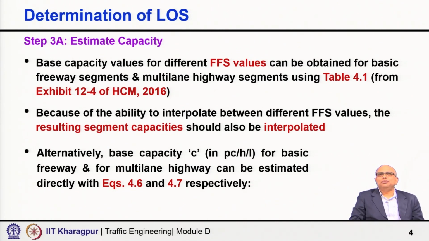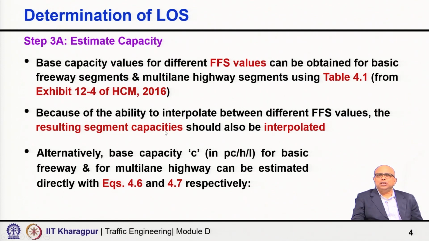So, once the FFS value is known for a given segment, and we know whether it is a multi-lane highway segment or a freeway segment, accordingly from table 4.1 or exhibit 12.4 of Highway Capacity Manual, we can select the values.